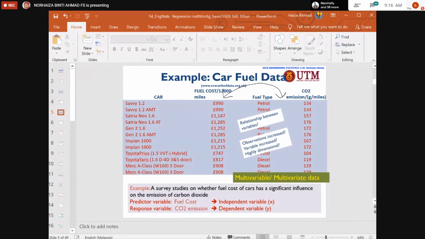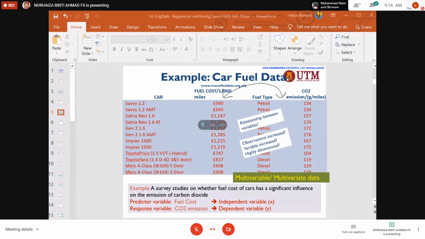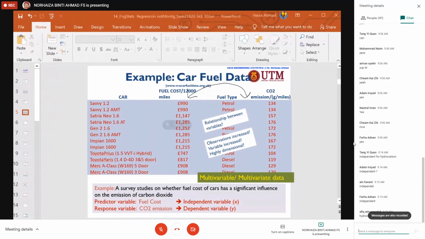If you look at the numbers here, can you roughly tell me the relationship between these variables? It's just a description. Class? Do you understand my question?